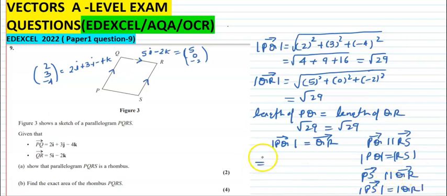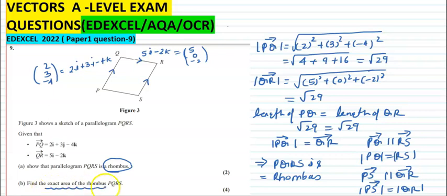So this shows that PQRS is a parallelogram, and because all 4 sides are equal, it is a rhombus. PQRS is a rhombus. So a rhombus is a parallelogram, but a parallelogram is not a rhombus. So here all 4 sides are equal, and opposite sides are equal and parallel. So PQRS is a rhombus.